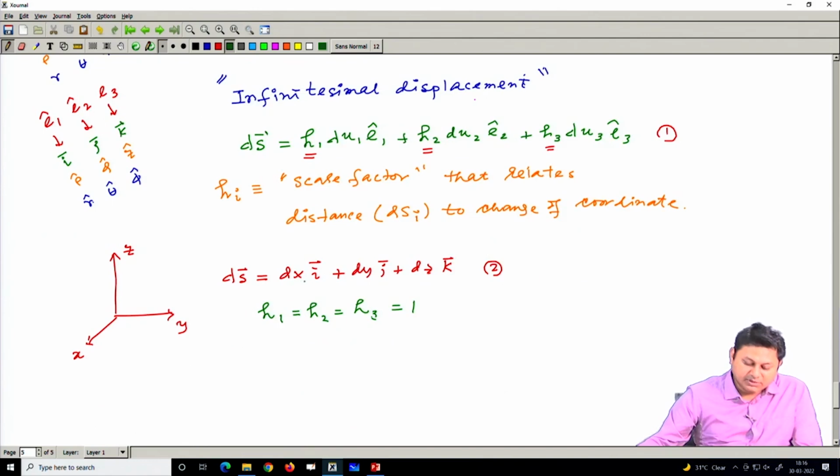Here we also have the coordinates x, y and z, so you have du1, du2 and du3, and the unit vectors e1, e2, e3 are represented here by i, j, k, because we are dealing with the Cartesian coordinate system. So, that is the information we have first hand.